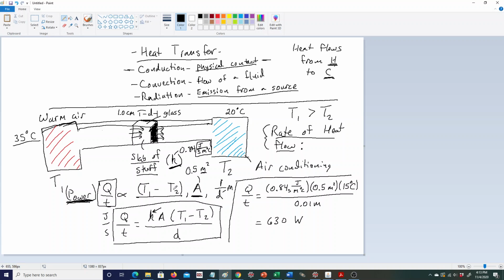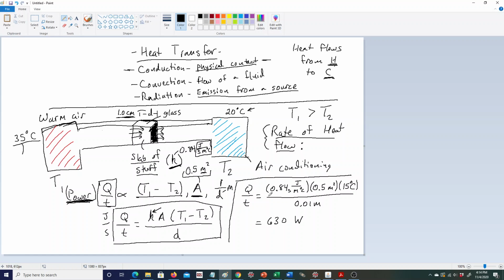So, for example, what if we have 35-degree warm air on one side, and 20-degree temperature on this side, and glass, if you consult the table in your textbook, glass has a thermal conductivity in those SI units of 0.84. And we're going to assume that the area of our window is 0.5 square meters and that the thickness is 1 centimeter.